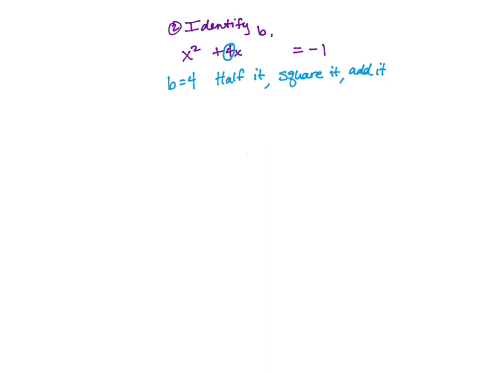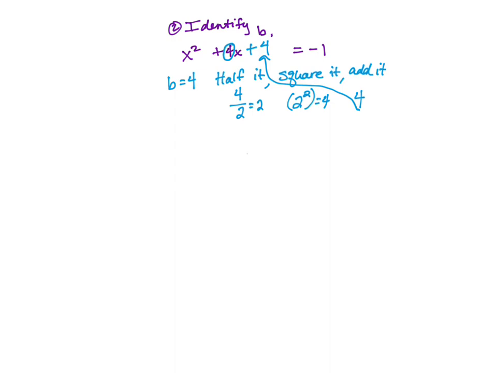The first step is half it. 4 divided by 2 is 2. Now you're going to square it. What's 2 squared? 4. And then you're going to add it. I'm going to take that 4 and add it back here. So plus 4.